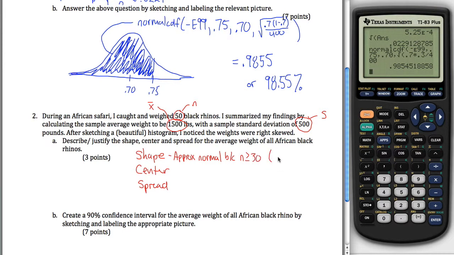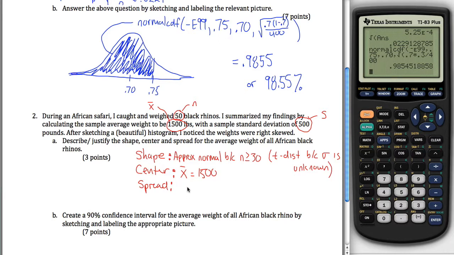And then in parentheses, I'm going to say it's a t distribution because sigma is unknown. Center. We'd like to use mu, but we don't know mu. That's what we're trying to create a confidence interval for here. So instead we'll use X bar. And X bar in this case was 1,500.